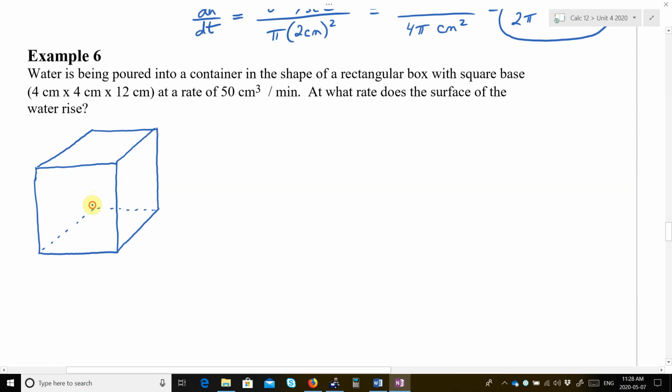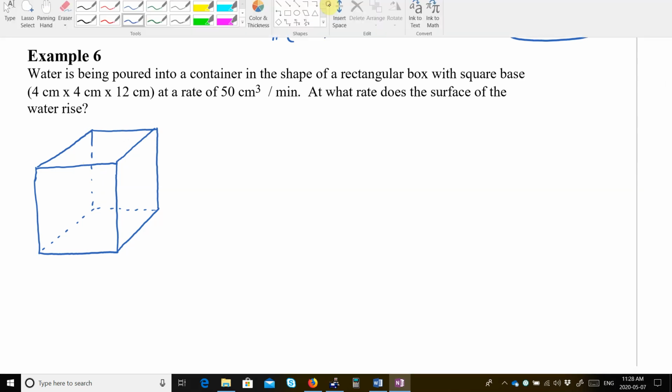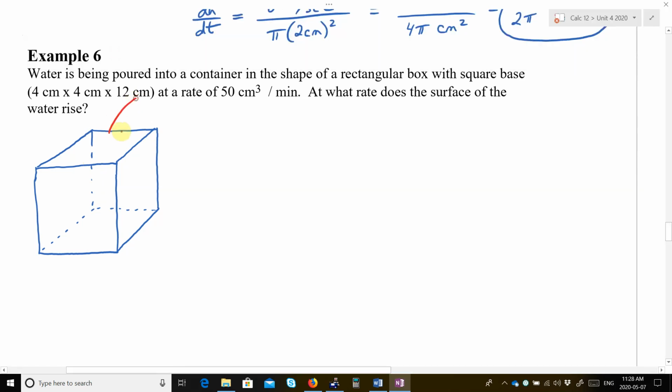Okay, like this. And the water is going in like that. It's going to make a nice block of water, like so.